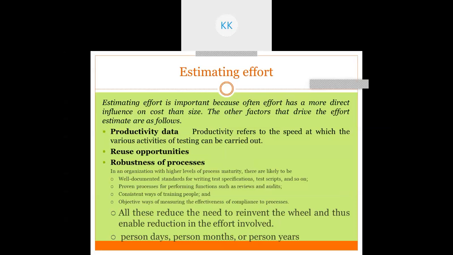Sometimes it may happen that you have 100 test cases and 10 persons, so we can divide the total number of test cases among the 10 persons, meaning each person will get 10 test cases.